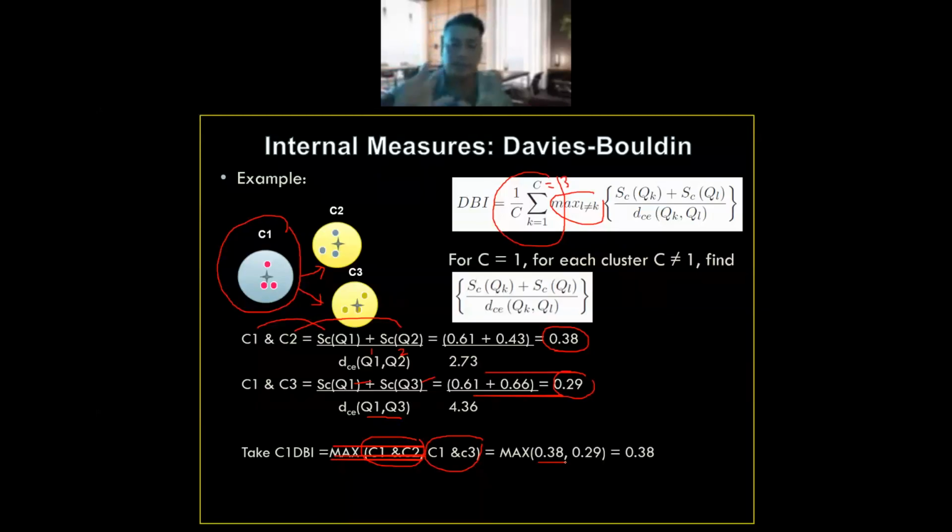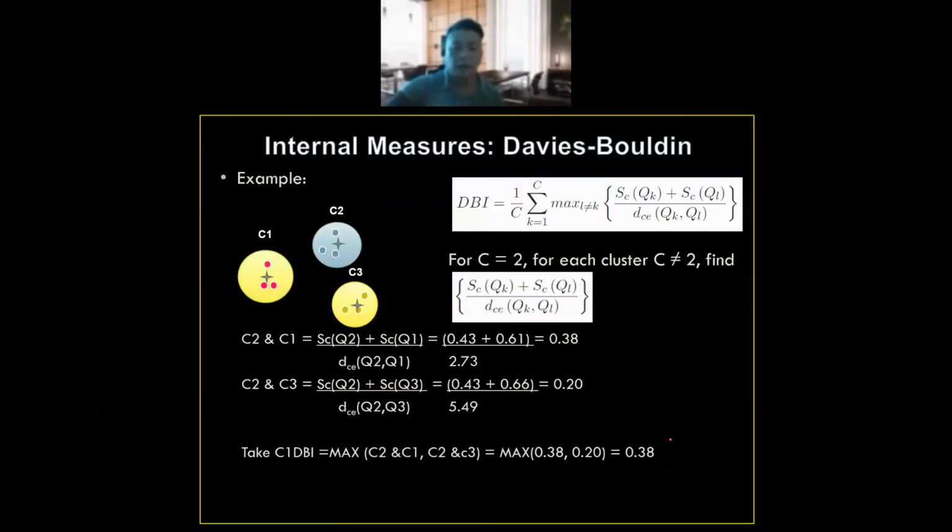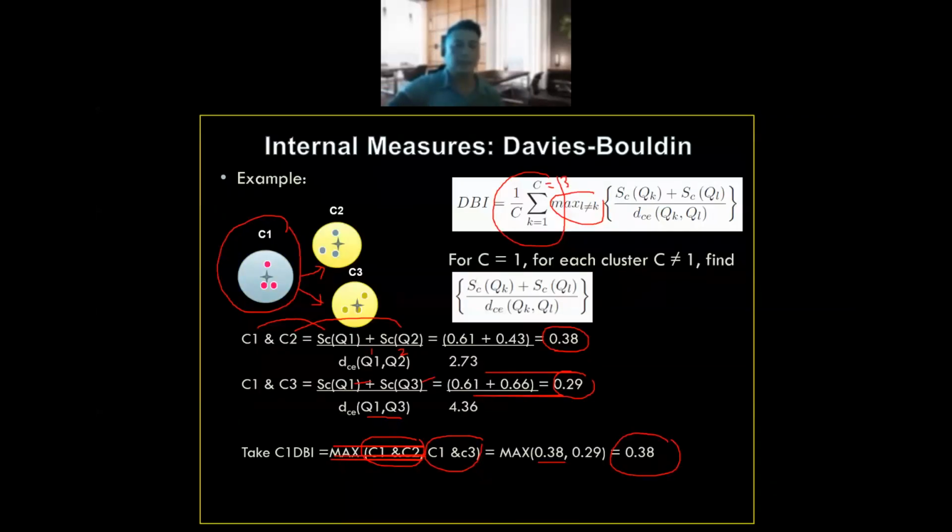Okay, so this is the first part, only for cluster 1. So cluster 1 has this value. Now I'm doing it for cluster 2.